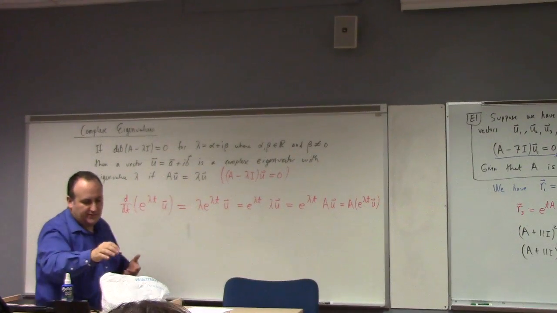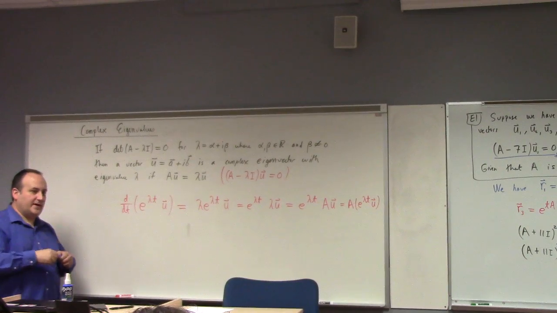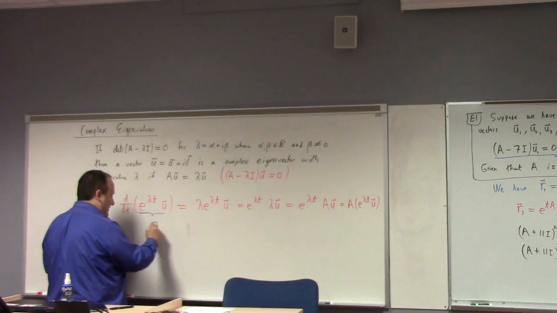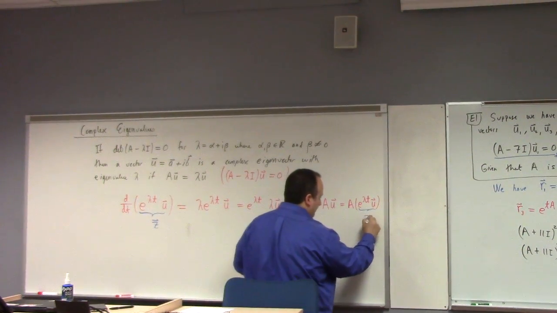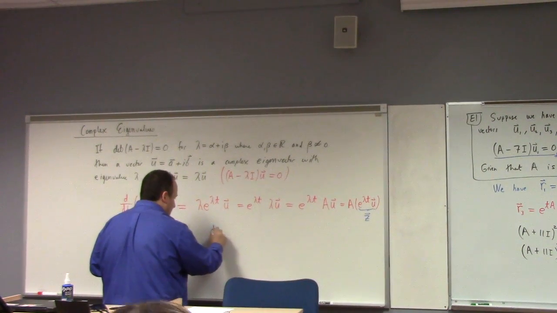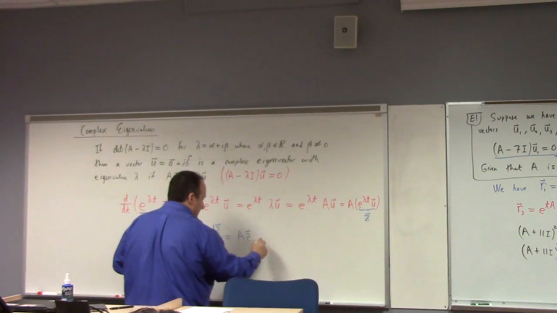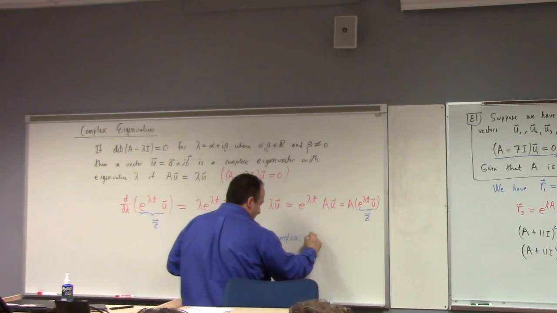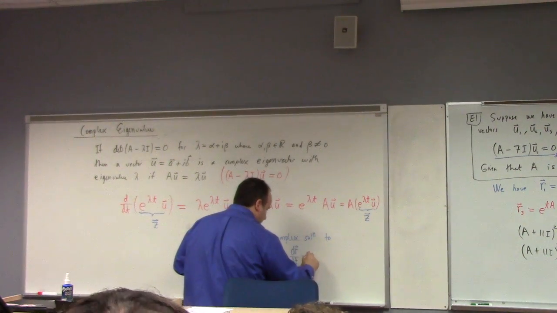Now, oftentimes I'll use a z here because people oftentimes use z for complex variables. And this is a complex solution, so I could call it z vector, right? And what are we seeing? We're seeing that we still solve the equation dz dt equals Az. It's a complex solution to dr dt equals Ar.